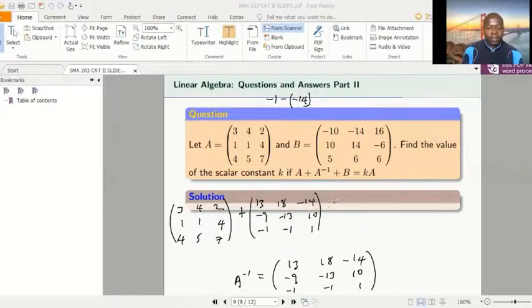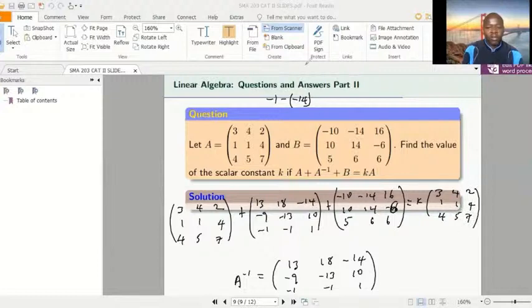And B is negative 10, negative 14, 16, 10, 14, negative 16, negative 6, negative 6, 5. This is going to give us K times A. A is 3, 4, 2, 1, 1, 4, 4, 5, 7.